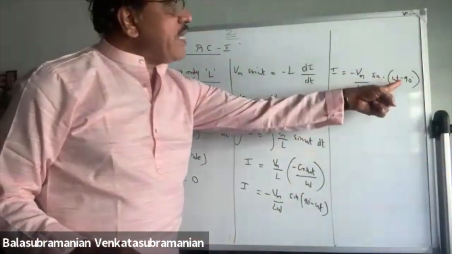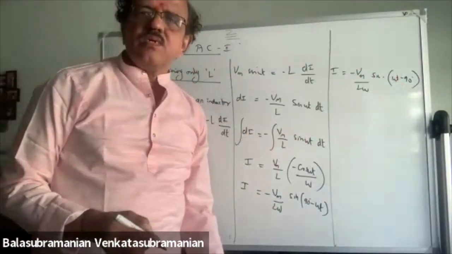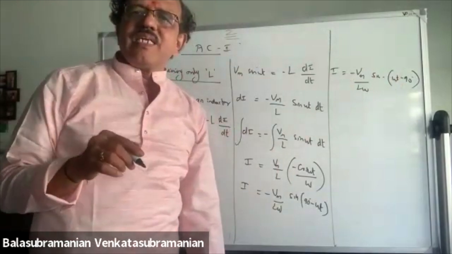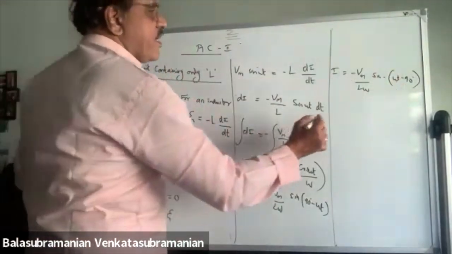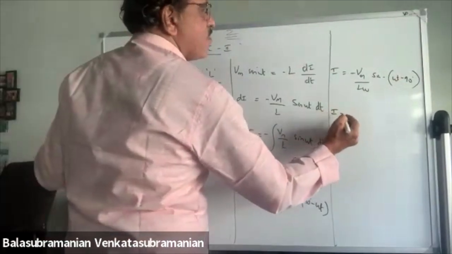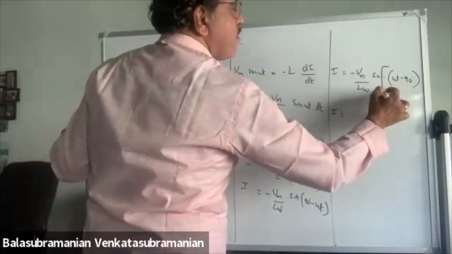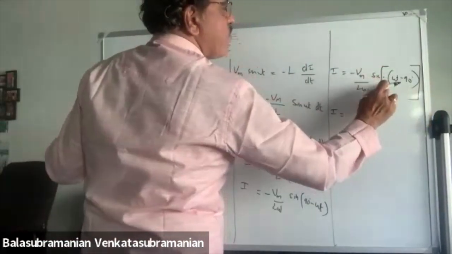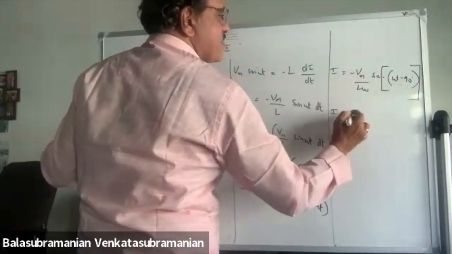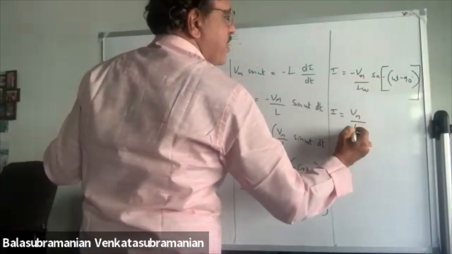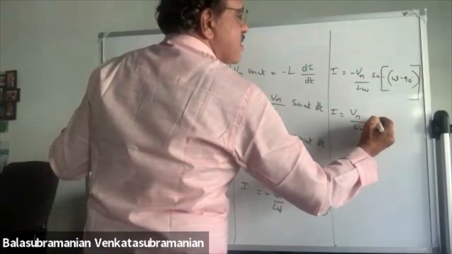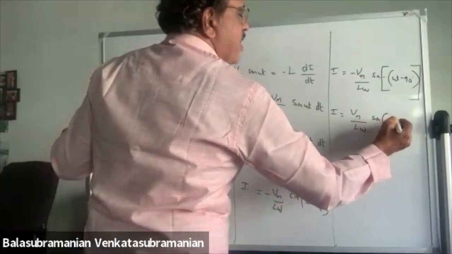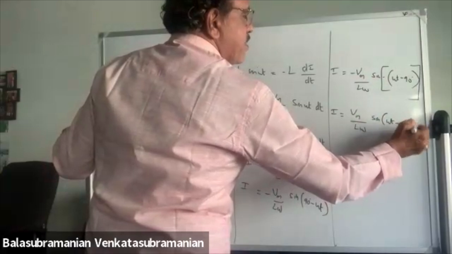Sin of minus theta is minus sin theta. So I can write I is equal to, minus minus plus, Vm by L omega sin of omega t minus 90.